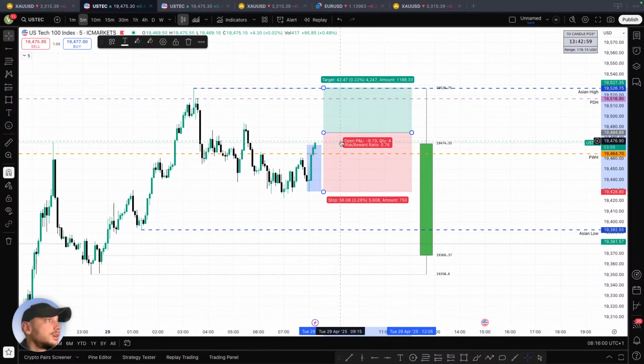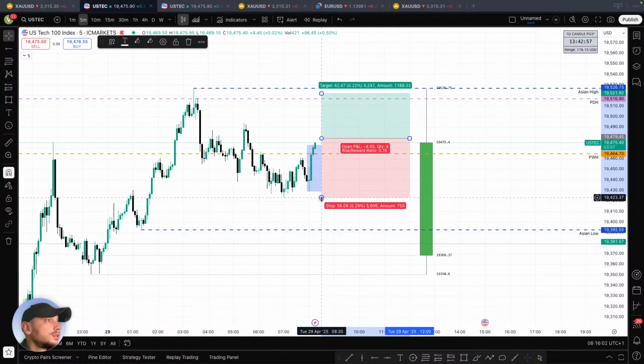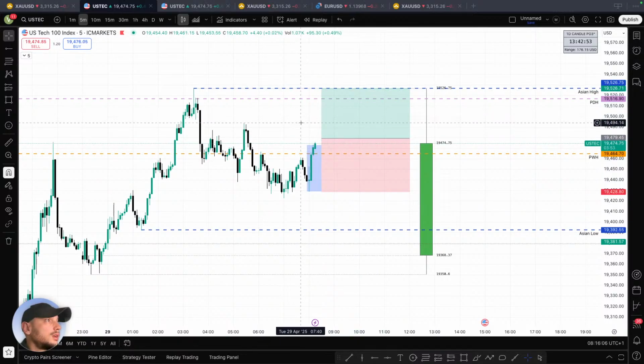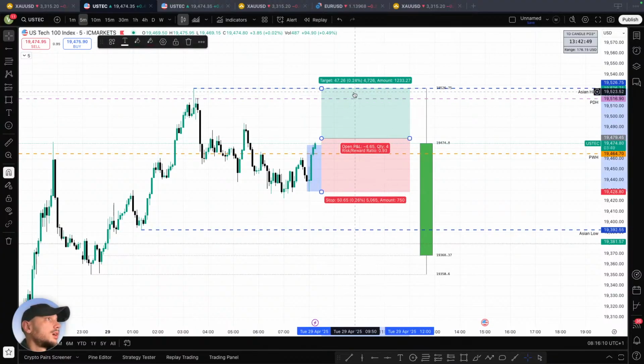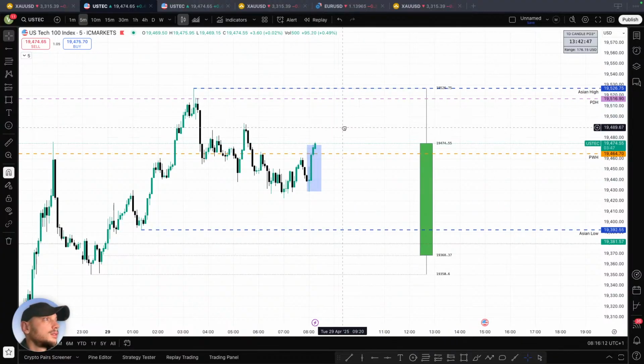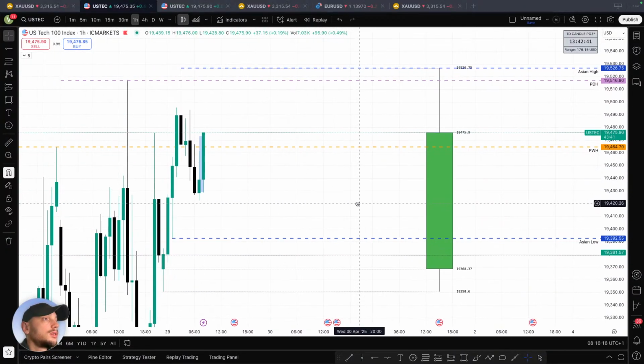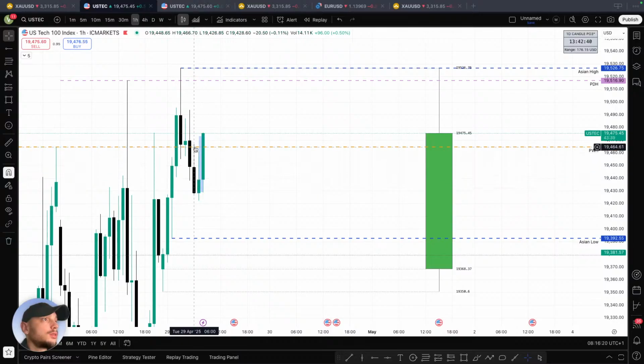Oh, okay, we need a better entry. I was hoping there's going to be a 1 hour here. Okay, let's see the price action. How is the 1 hour? Beautiful 1 hour candle. We collect liquidity from here and from here.